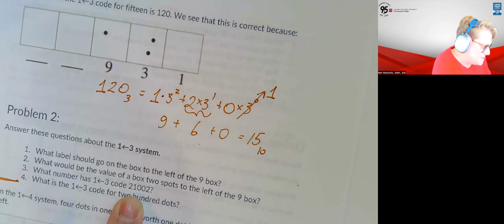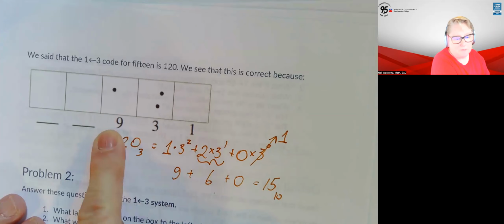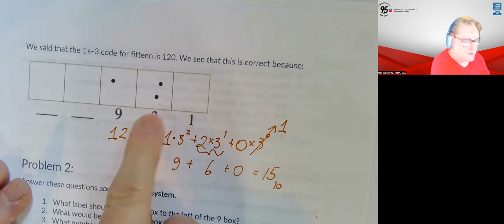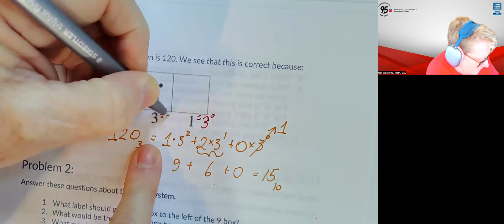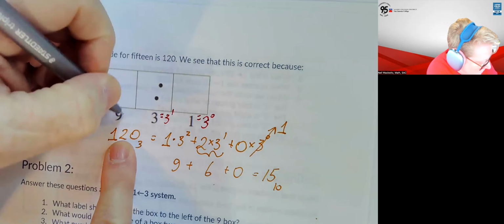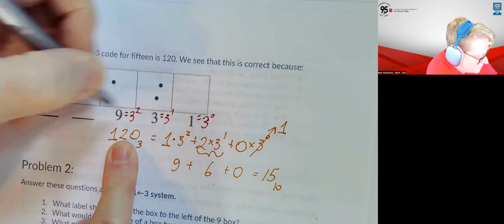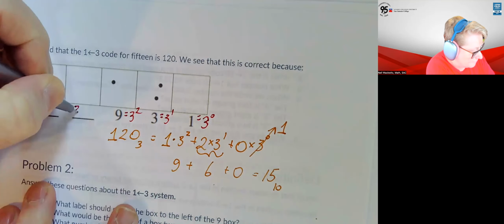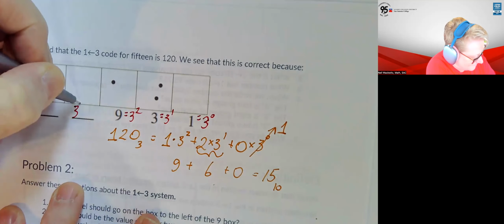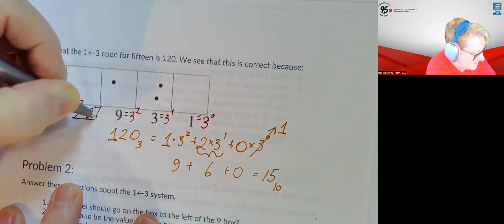So what is, let's see, in the threes, in the base 3, we have 1, which is 3 to the 0, 3, which is 3 to the 1st, 9, which is 3 squared. What comes next? 3 to what power? Good. And that's 27.